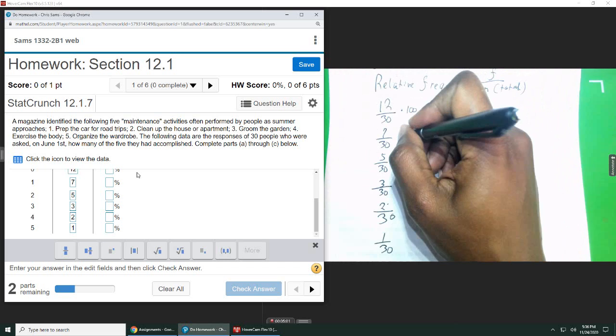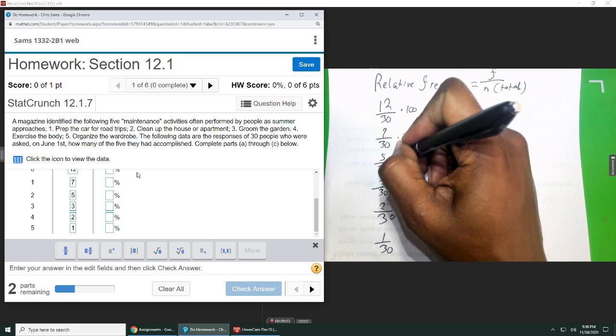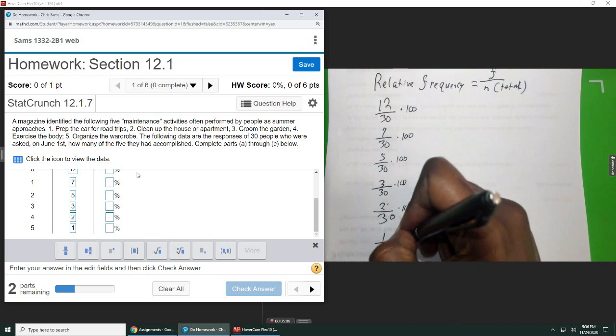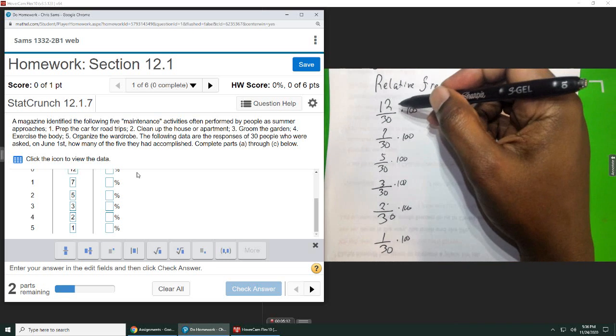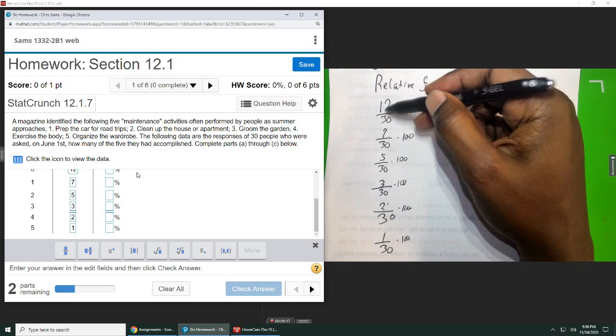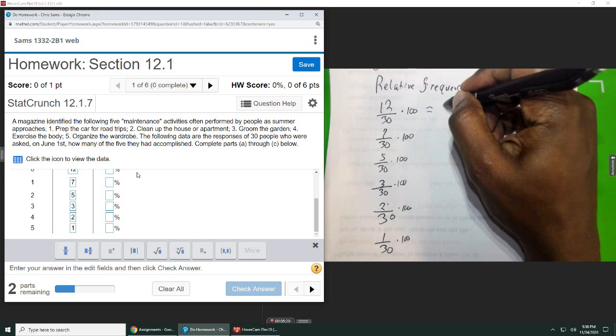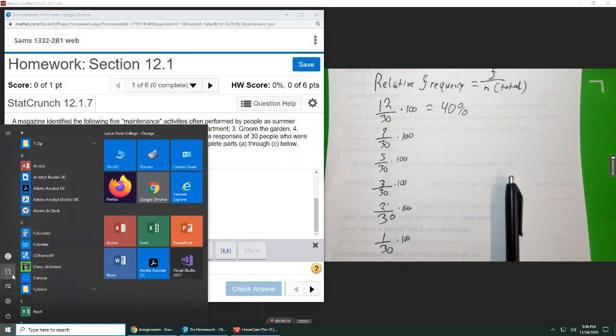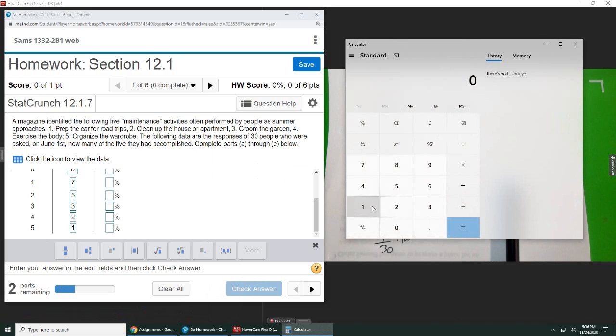All right, we're going to multiply each of those times 100 to convert the decimal to a percentage. If I do 12 divided by 30, both of those divided by 6, that would be 2 over 5. So that looks like 40%. 7 over 30 I cannot do so easily. Let's just verify 12 divided by 30 and then times 100. 40%.